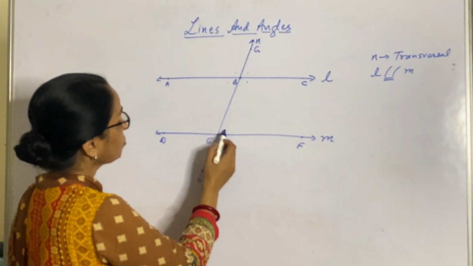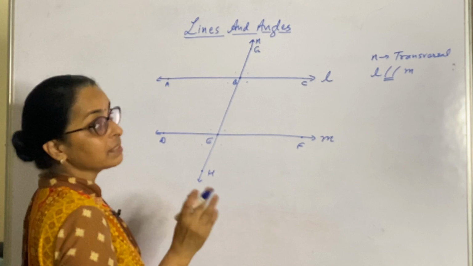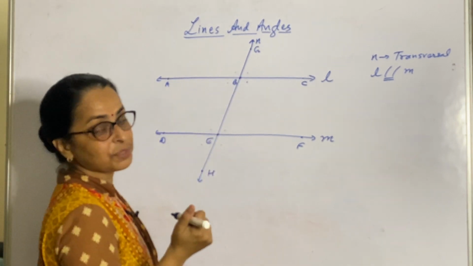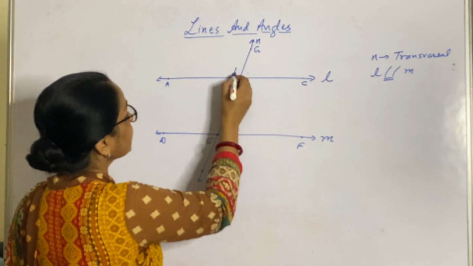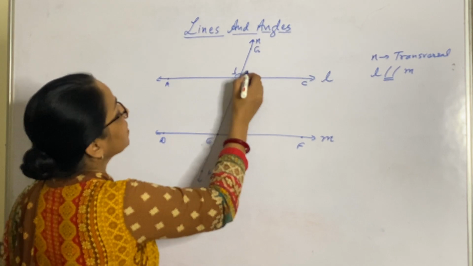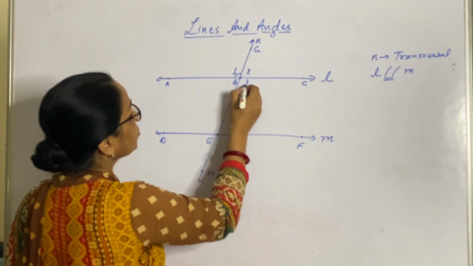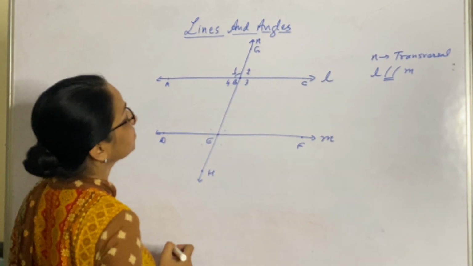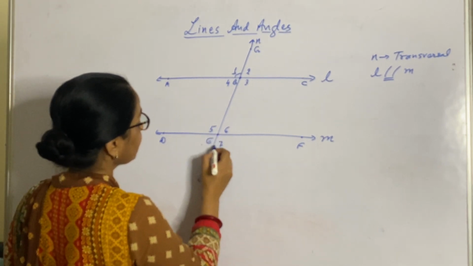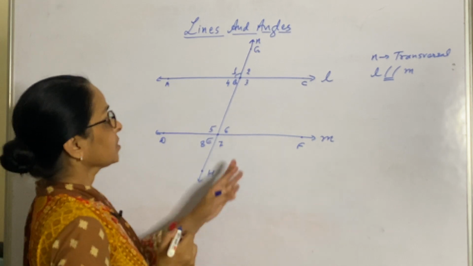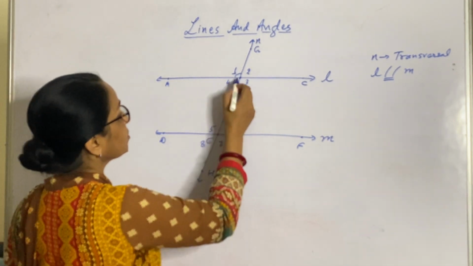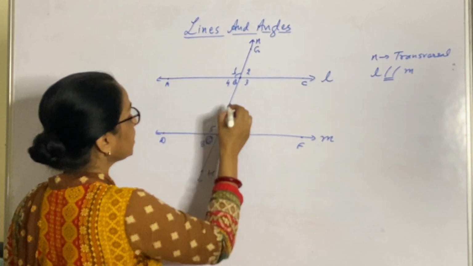Here also 1, 2, 3, 4. Let us name them. I am writing the numbers to simplify it. So let this be number 1, then number 2, number 3, number 4. Same way here 5, 6, 7 and 8. So these are the 8 angles formed at point B and at point E.